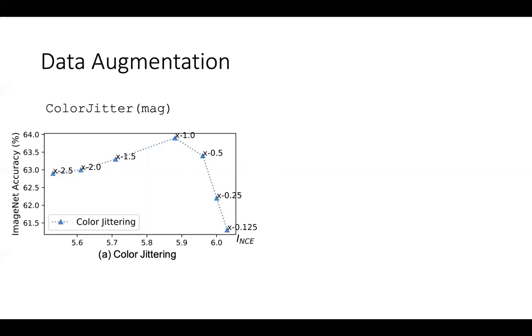The parameter is the magnitude of color jittering. If you increase the magnitude, you have heavier color jittering. Therefore, the mutual information between two independent augmentations is reduced. As you reduce the mutual information, the performance first improves and then drops. So you see a sweet spot here.